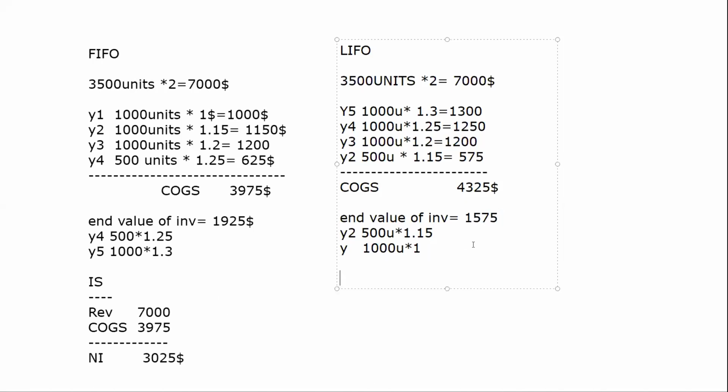And if you want to calculate the income statement, revenue is equal to 7,000 minus COGS. Cost of goods sold is equal to 4,325.